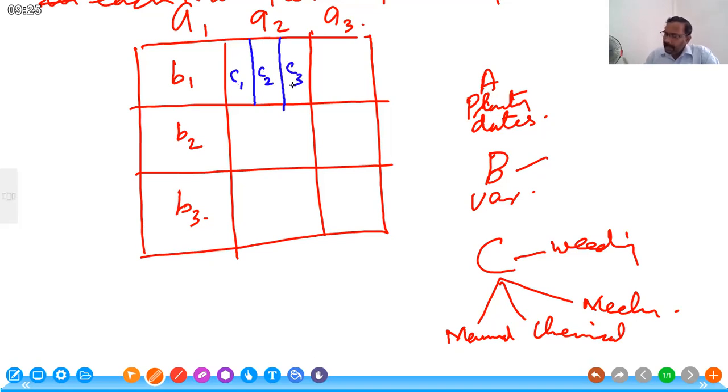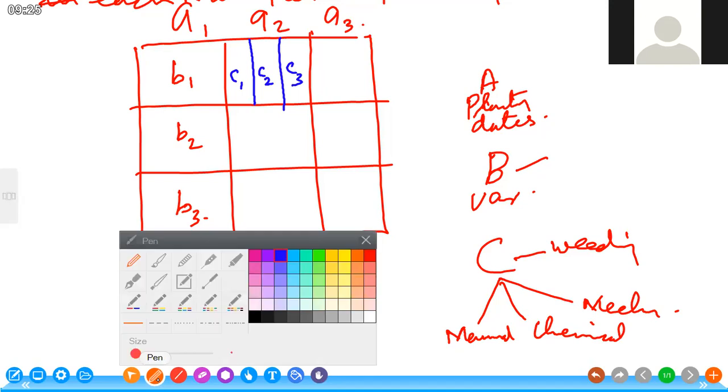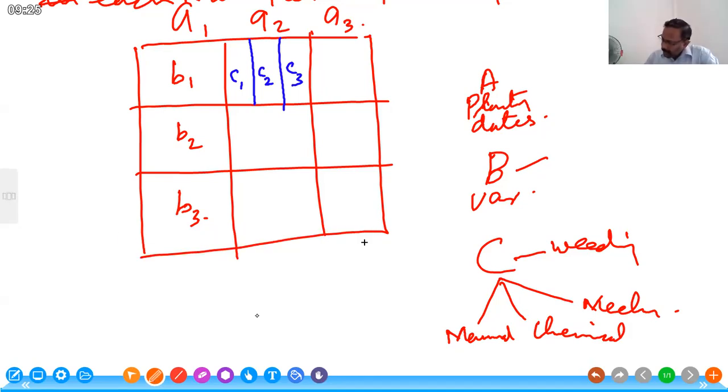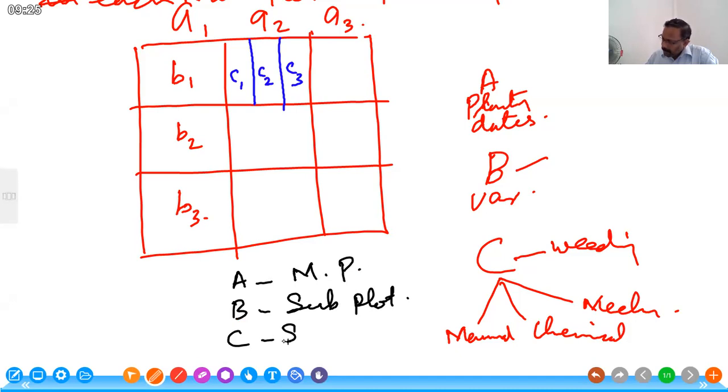How many sizes of plots are there in this example? Three sizes. So we could say A is in main plot, B is in subplot, C is in subplot.